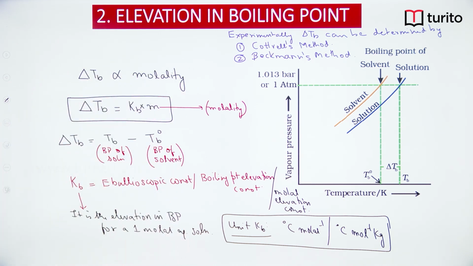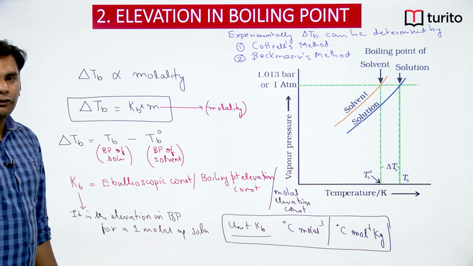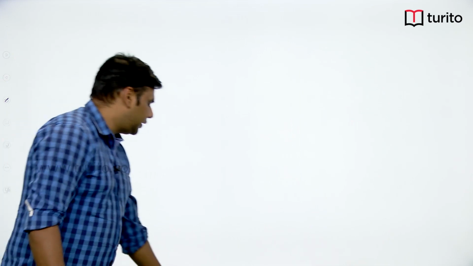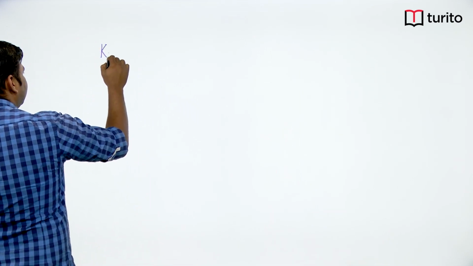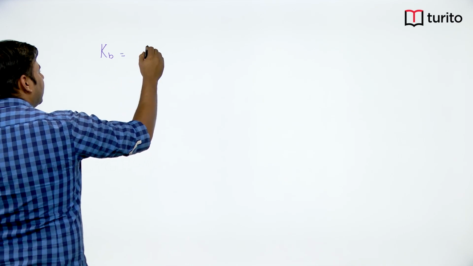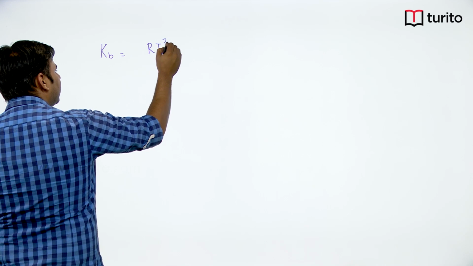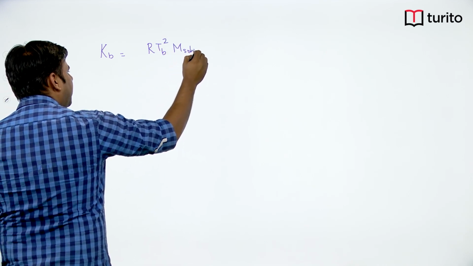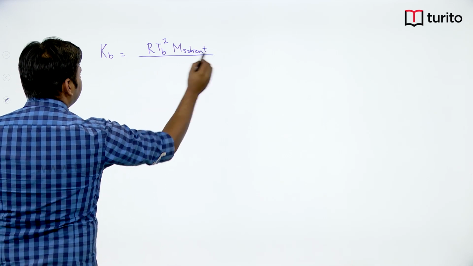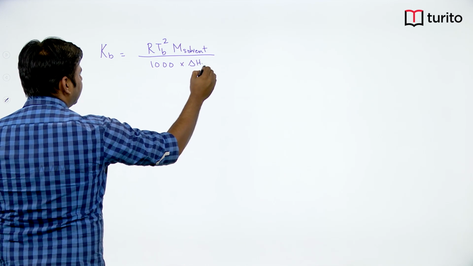So we have defined Kb as the elevation in boiling point for a 1 molar aqueous solution. Kb is basically given as R into Tb square, into the molar mass of the solvent, divided by 1000 into delta H vaporization.